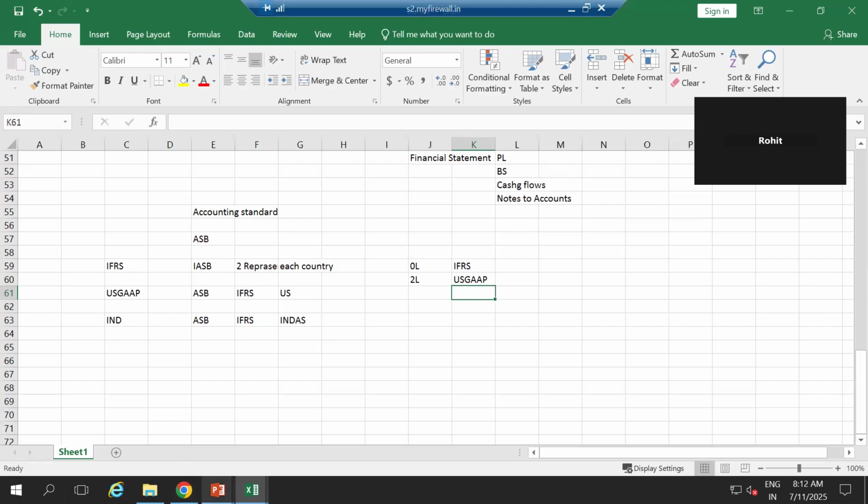Now, for which scenario is IFRS 15 applicable? Again, I'm saying IFRS 15, but the same naming is applicable for US GAAP, and the same thing applies for India also. So if I say it for IFRS, it is applicable for all. Please remember that. Now, in which scenario is this applicable?